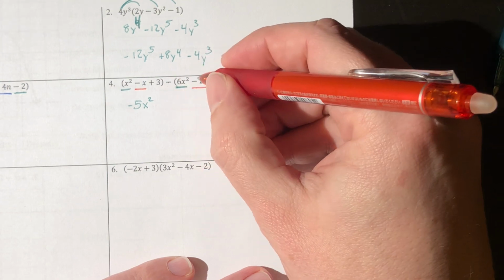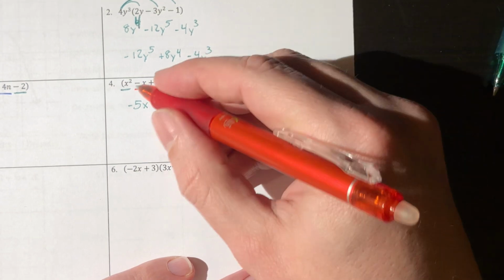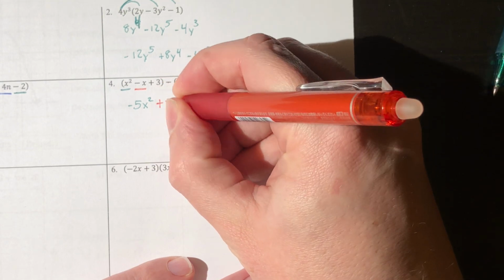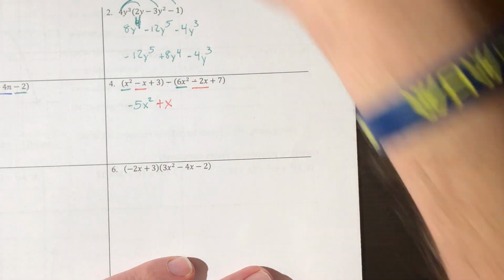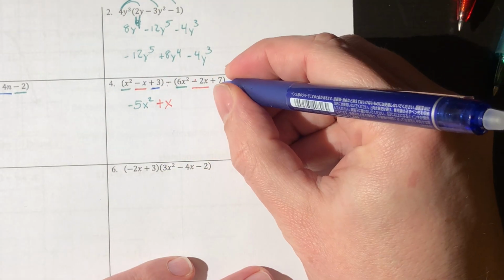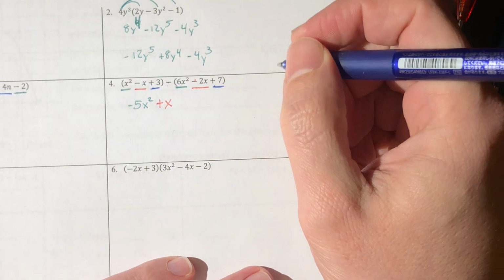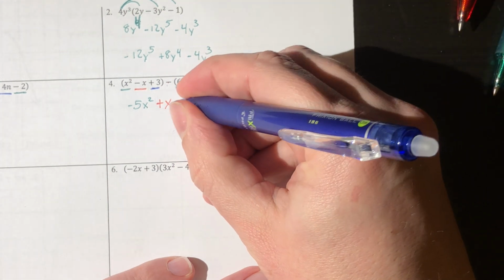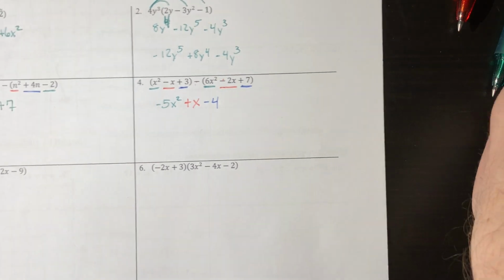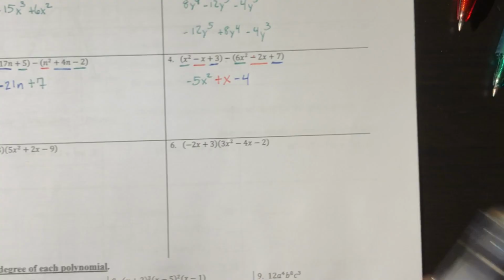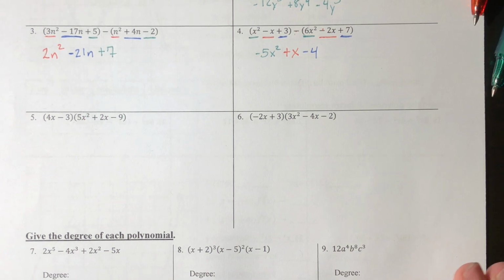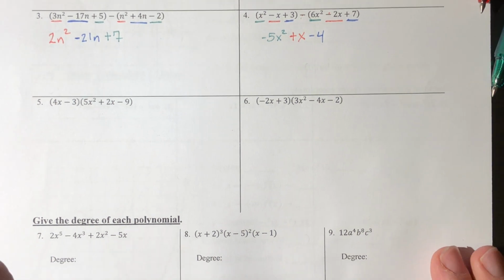Again, when I subtract a negative, I'm really adding, so it's negative x plus 2x to give me plus x. And then 3 minus 7 gives me negative 4. So it's only when you're adding and subtracting that you only add and subtract the like terms.